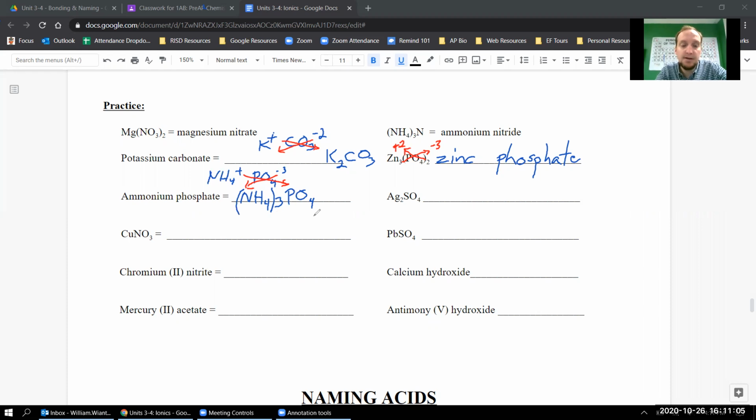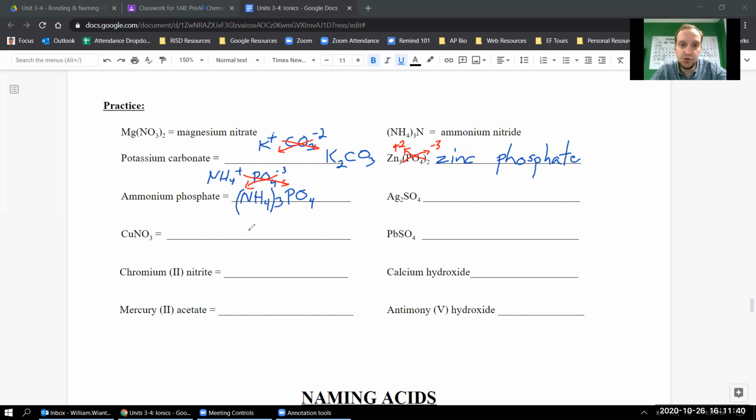That is ammonium phosphate. Now, let me take a pause real quick and just remind you guys just how important it is to be able to correctly name ionics. As you guys can see, this is a little confusing. And when we get into the future chapters in this class, if you're not able to identify ammonium phosphate as (NH4)3PO4, you're going to be in a world of hurt, because you must be able to figure that out in order to find the mass, in order to do stoichiometry, in order to do solutions, in order to predict products of reactions.